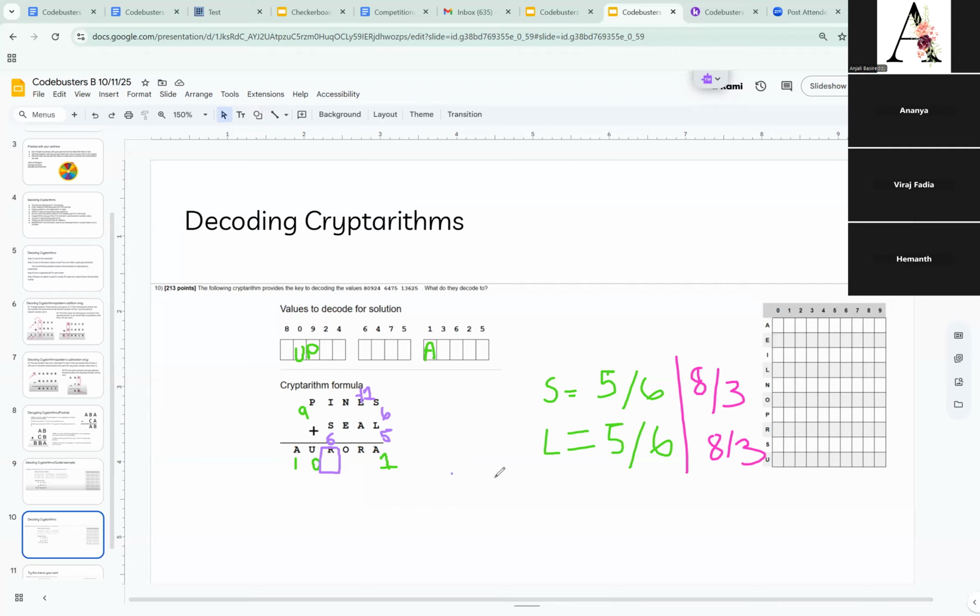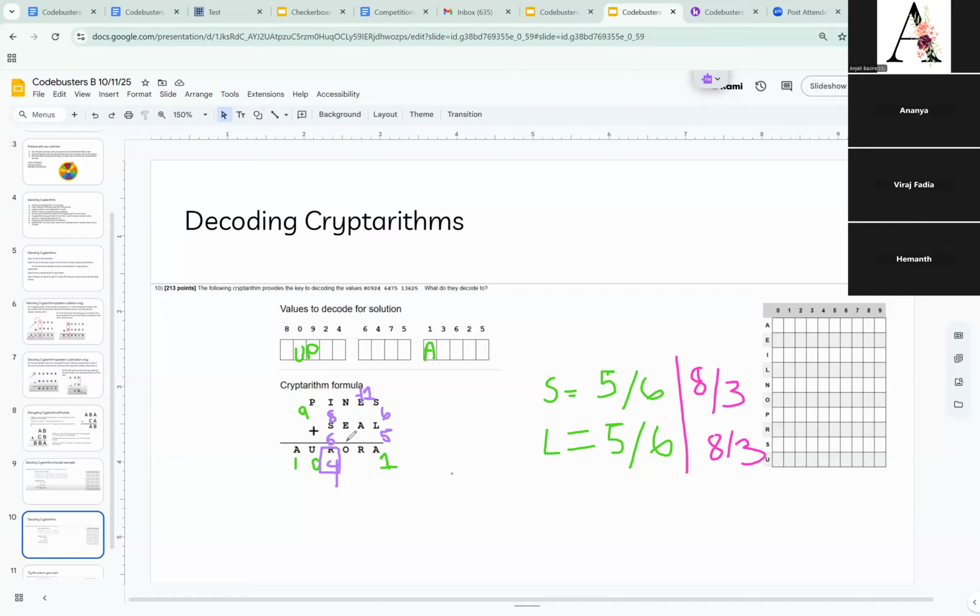So I has to be either 7 or 8, and it can't be 9. So right now, let's try I as 8, and that would be 4, right?